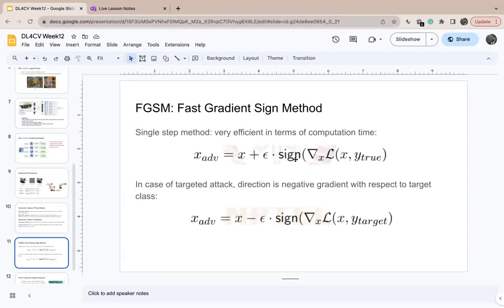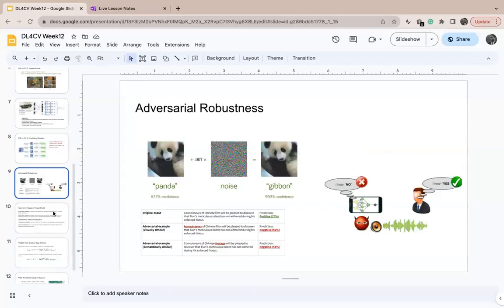The sign is whether it is positive or negative. What is the sign of the slope? You take that, and you move in the direction by what amount? Epsilon amount. So you move by epsilon, you get the X adversarial. If you look at this image, it's an example of the fast gradient sign method, the FGSM.